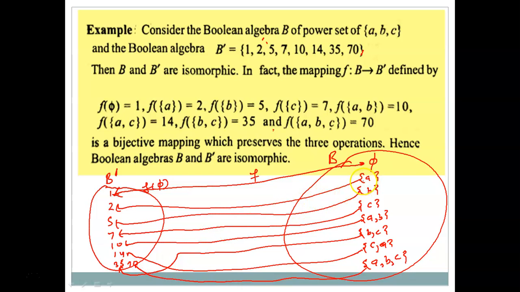So you can see corresponding to each element we have its image there in B dash. So this is the mapping f from B to B dash, which is 1-1 and onto.